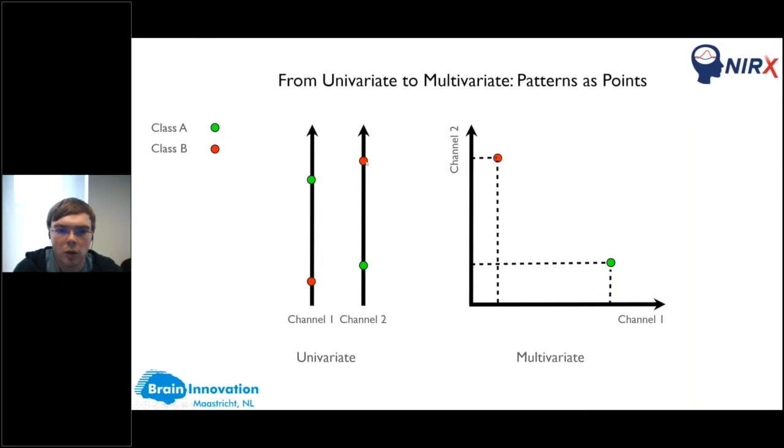And if we look at the other pattern, we see a pretty high response for channel 2 and a low response for channel 1. What you can immediately see is that there's a huge difference between these two sets, which makes it very easy for us to see the difference as well.